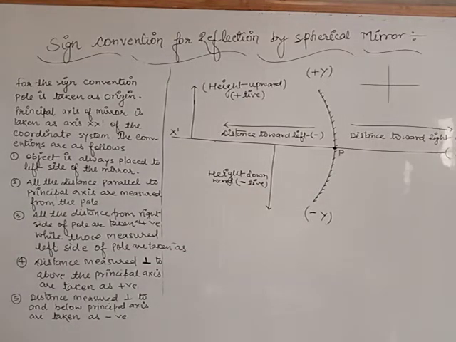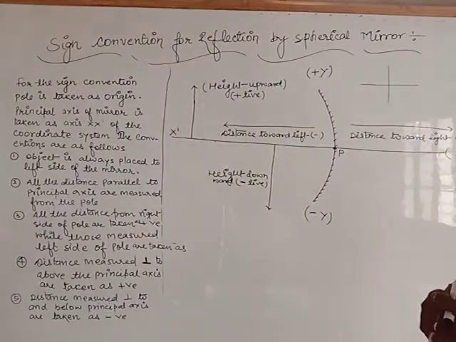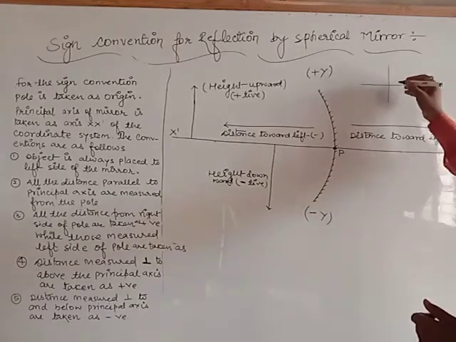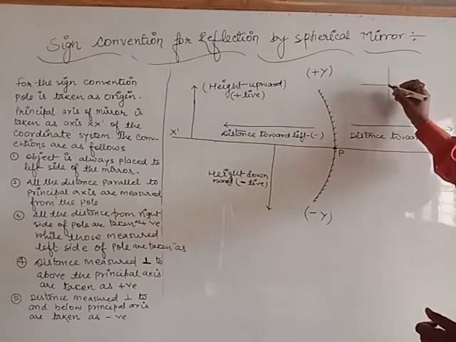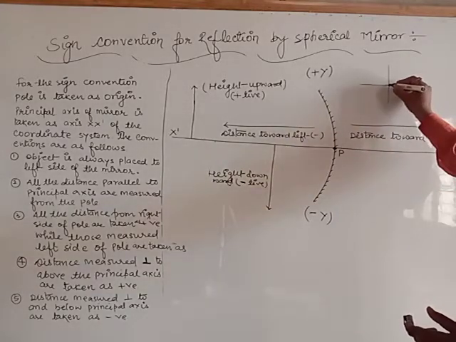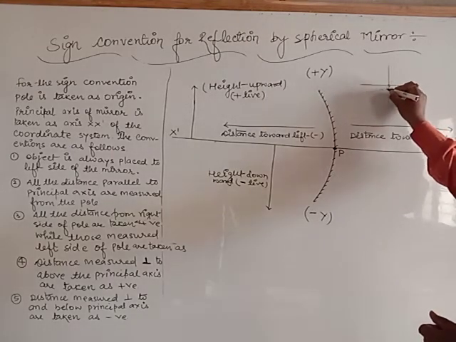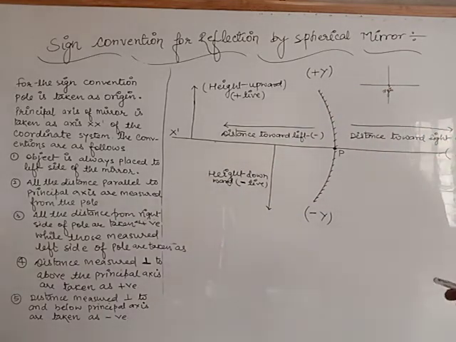You have studied coordinates, and this sign is called Cartesian. This is the horizontal line, this is the vertical line, and this is the intersecting point. This point is known as the origin.